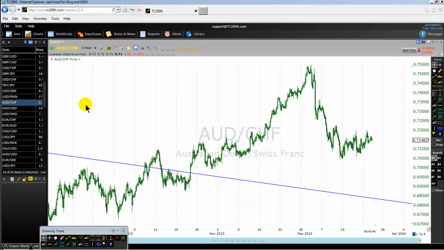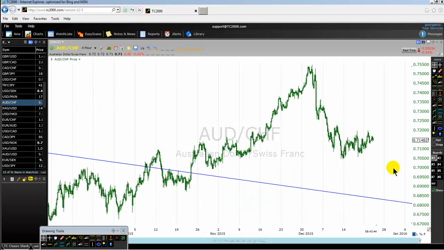On the 4-hour chart, probably yes. There's one here on the 4-hour chart because there's a correlation between the 4-hour chart and the weekly chart. See here, we are on the 4-hour chart. This is one of our blue lines from the weekly chart. This is about the market pattern.